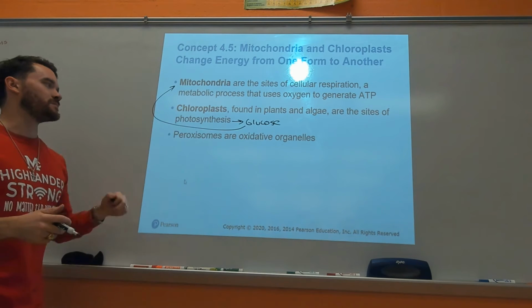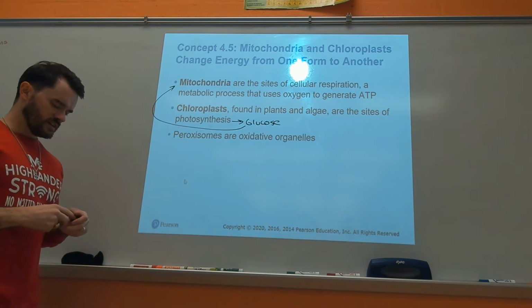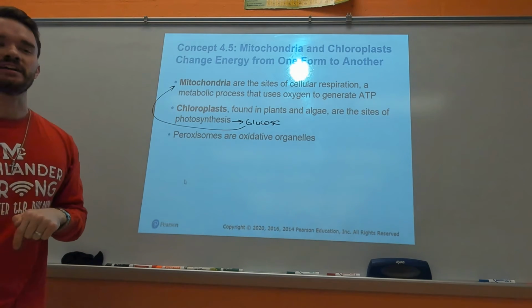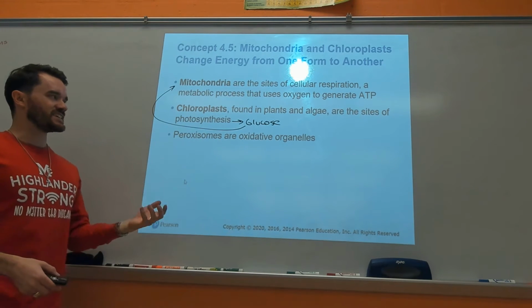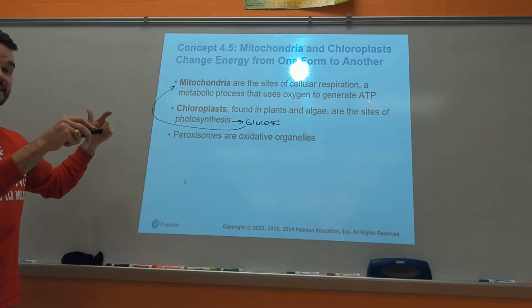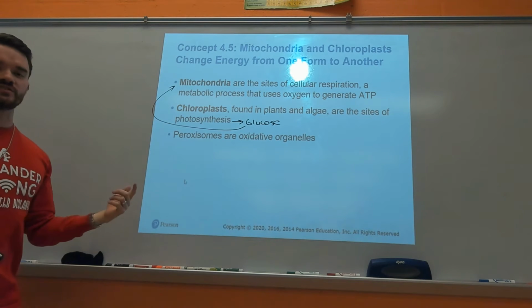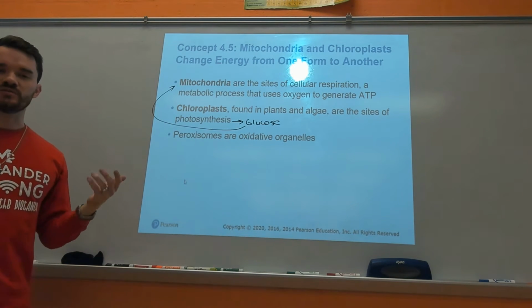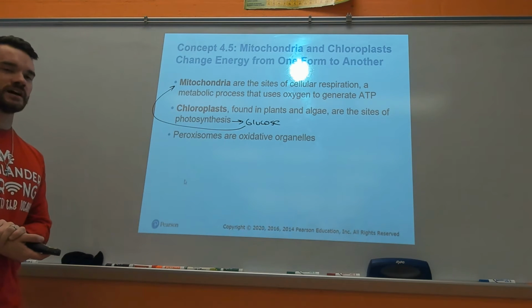In other words, a common mistake people make with the chloroplast is they think that the chloroplast makes energy for the plant cell. It doesn't make energy, it just gives it glucose. How it makes energy, by energy I'm talking about ATP, is still in the mitochondria through cellular respiration, just like animal cells would do, or other cells that don't have chloroplasts.